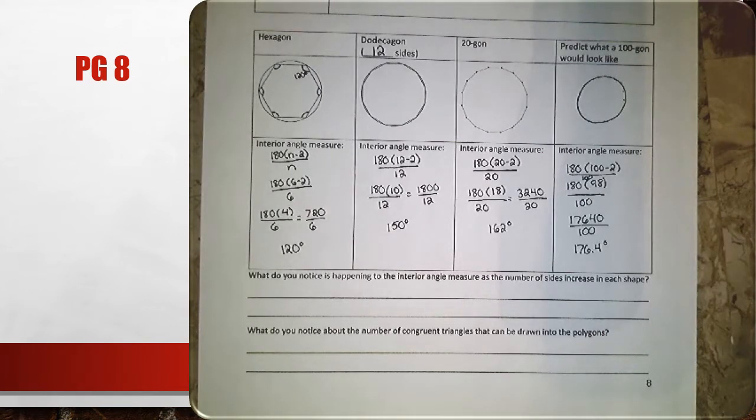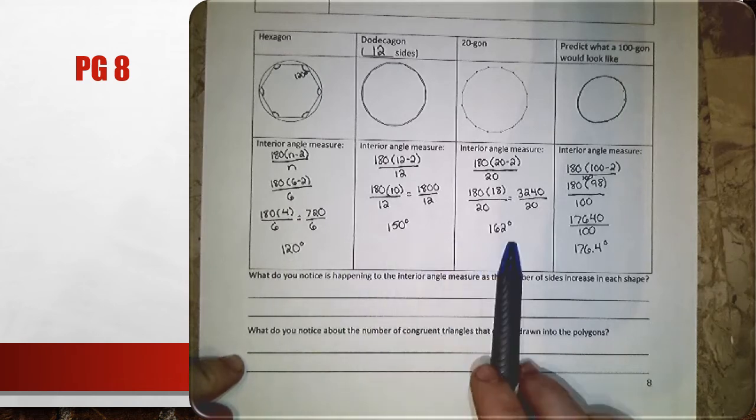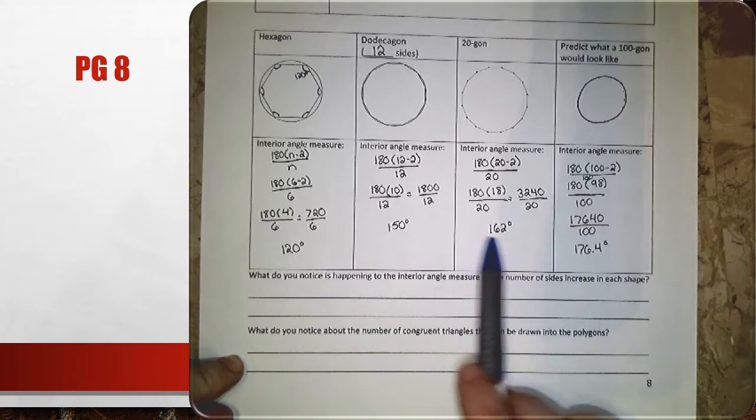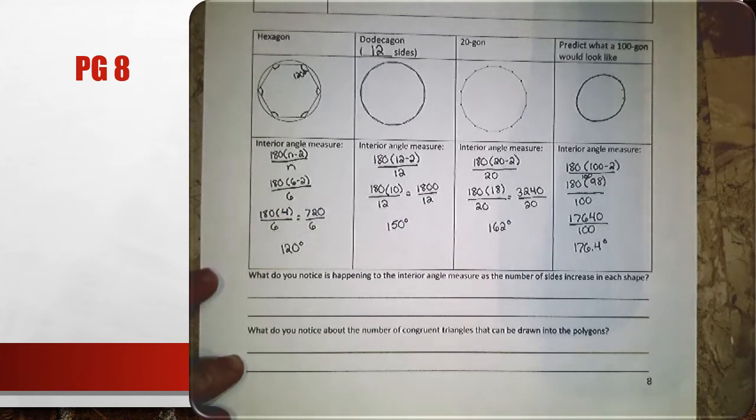Okay, so last bit of this page is answering the questions on the bottom. The first one says, what do you notice is happening to the interior angle measure as the number of sides increases in each shape? Well, if you notice, the degree kept going up and up as the shape got more sides. Now, it all got very close to 180 degrees, but it's never going to be more than that in any of these regular polygons.